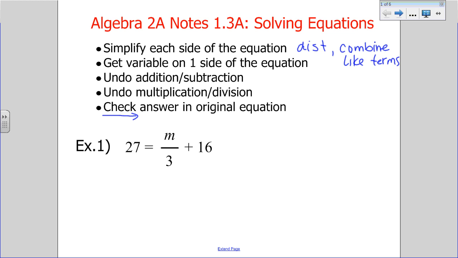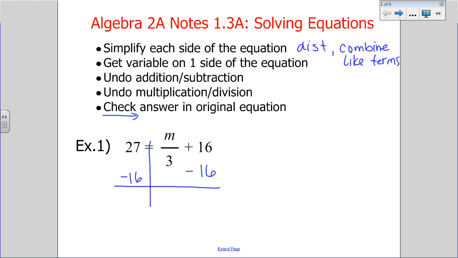So let's take a look. I drew a line through my equation to the equal sign to see each side. There's no distributing, there's no multiplication for me to do here. There's no like terms for me to combine. So my job is to get the variable on one side. There's only one variable, so I'm going to undo the addition or subtraction. So I'm going to undo adding 16 by subtracting 16.